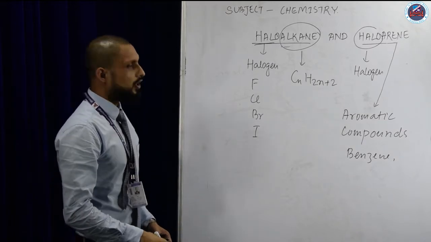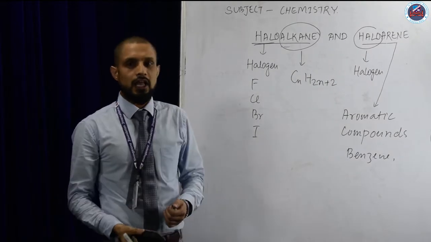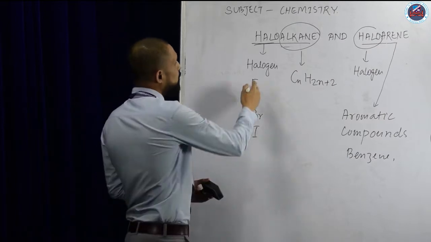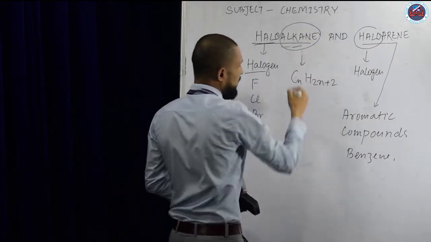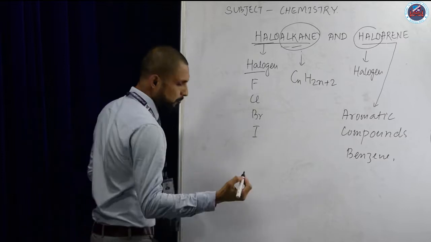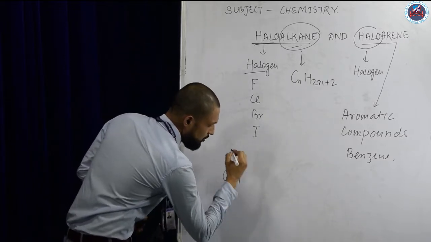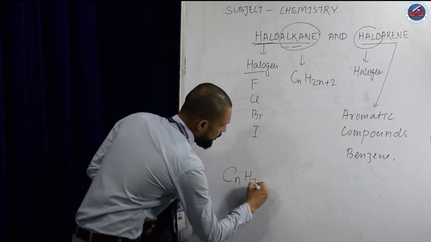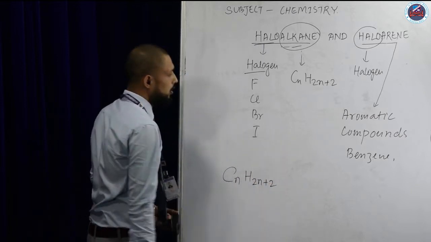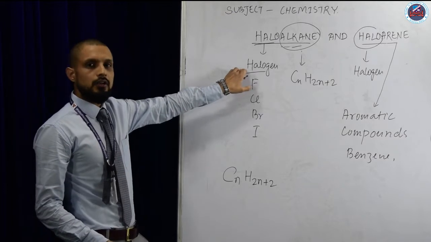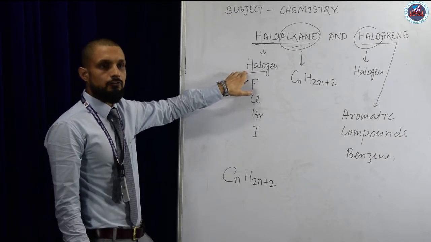Next, let us see how we get haloalkane from halogen and alkane. I will explain with the help of this reaction. Alkane, we know the general formula, CnH2n plus 2. And the halogen is taken in molecular form.